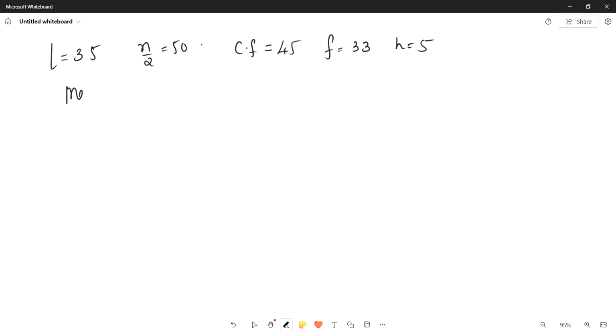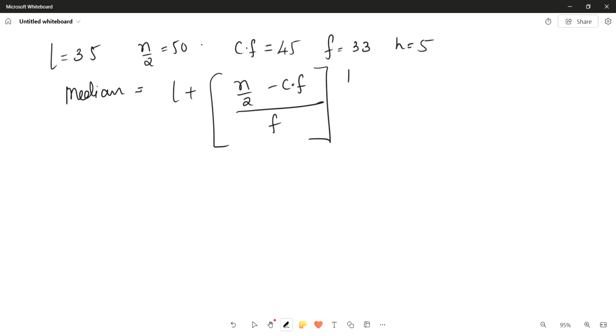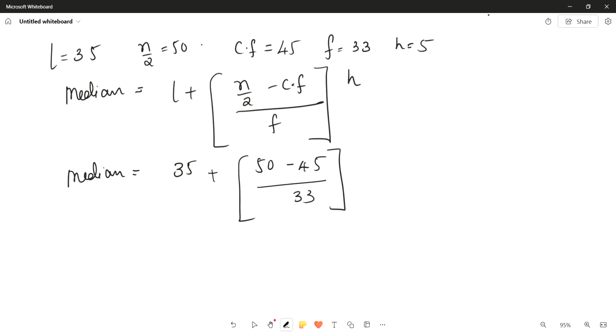Now median is equal to L plus n by 2 minus CF by F into H. Okay. So median is equal to L is 35 plus n by 2 is 50 minus CF it is 45 by F 33 into H that is 5.